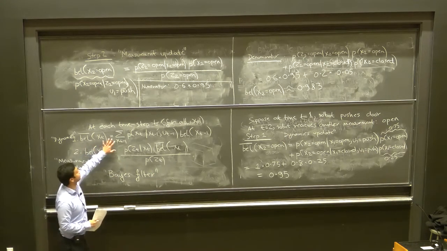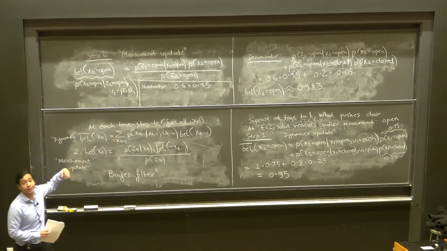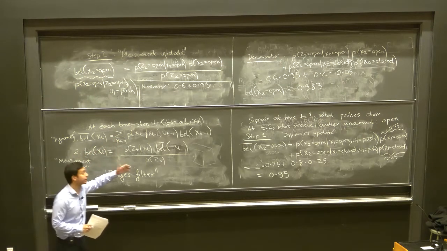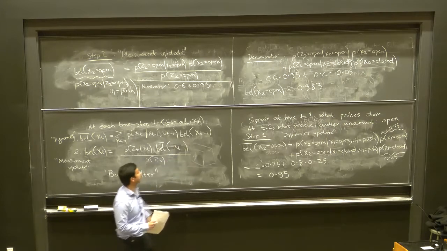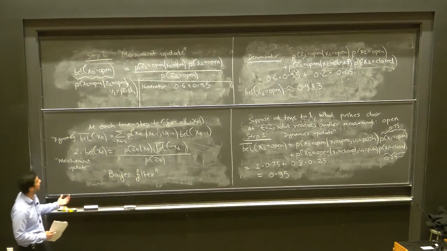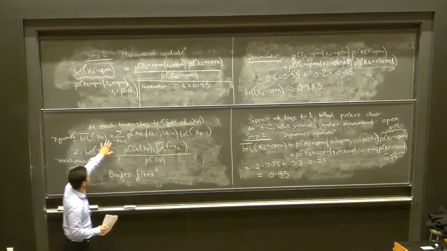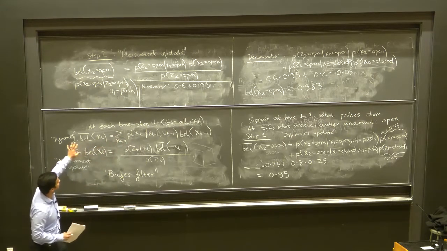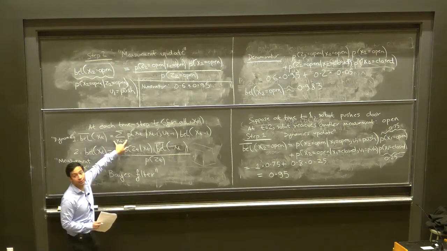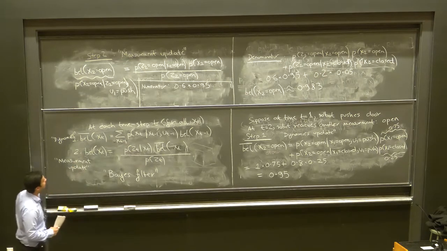If we have a discrete set of possibilities for the state of the world, so x can take on finitely many values, then this makes sense, as we're summing over those possibilities.